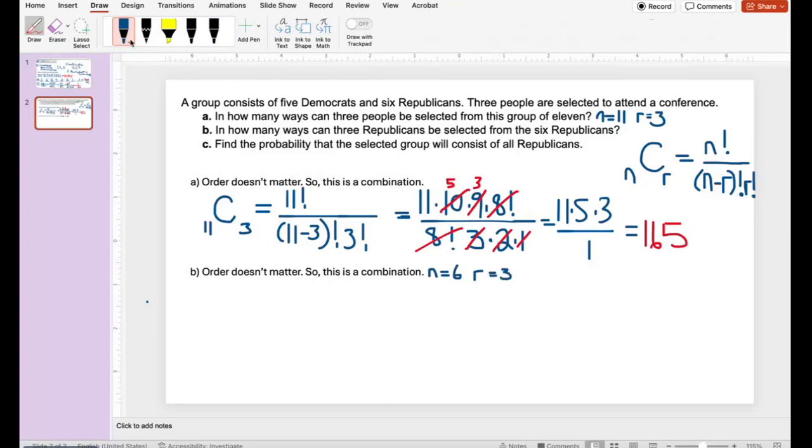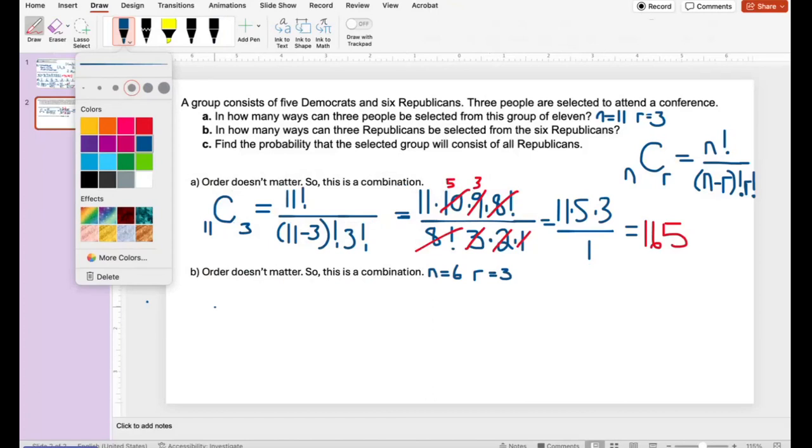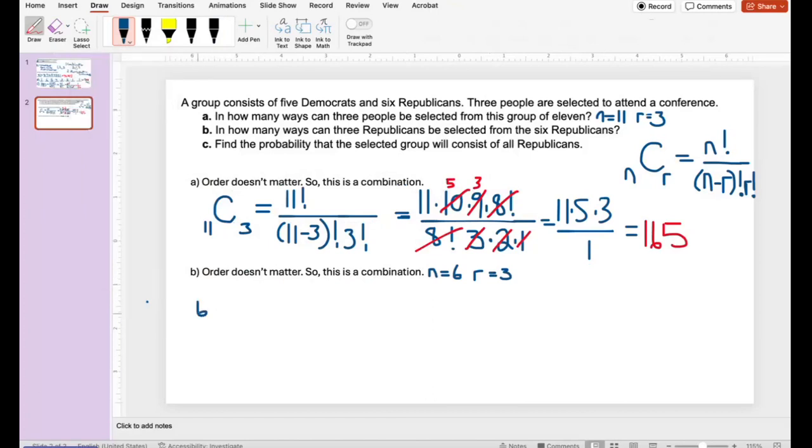Okay, and then so 6 choose 3. So it's just 3 factorial. Well, you could do 6 minus 3 if you want to, but 6 minus 3 factorial times 3 factorial.